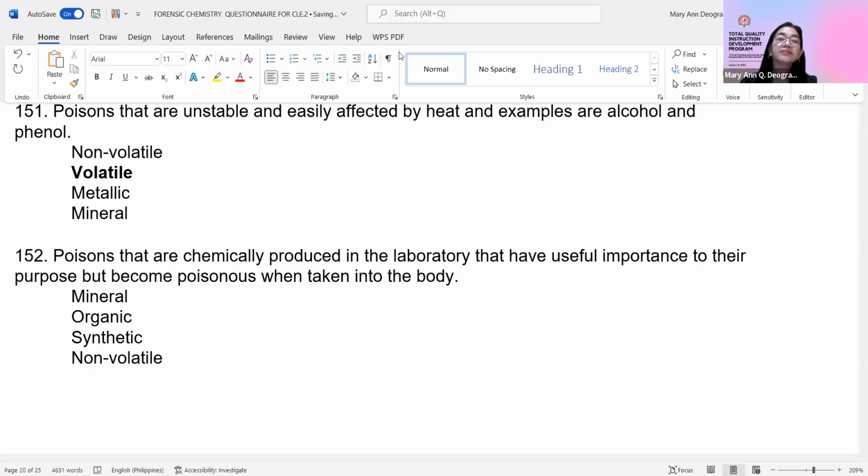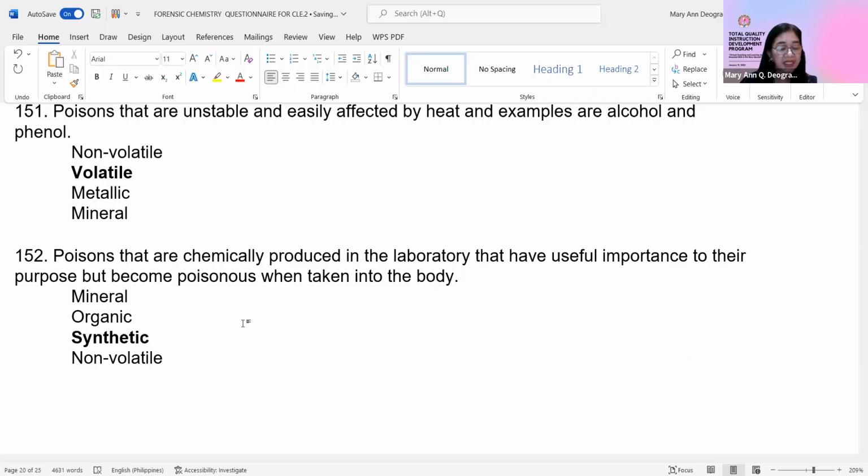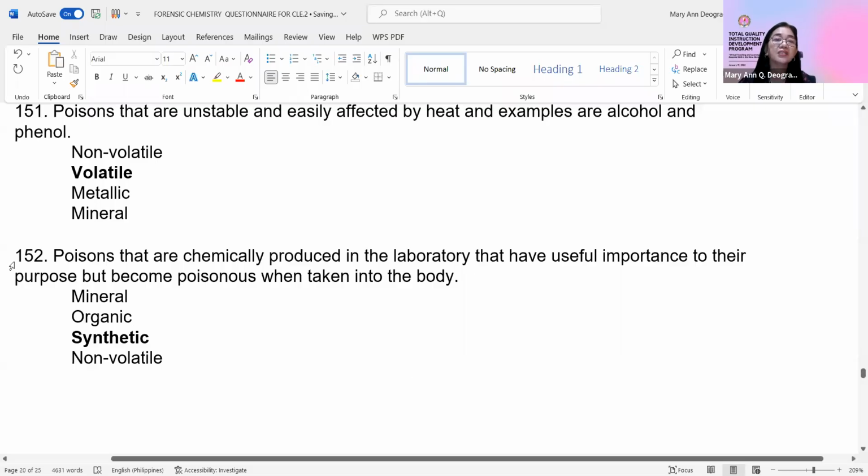Which is the answer? Okay, synthetic, yes. So it's the synthetic poison. Mga na-produce sa laboratory. Ano mga example niyan? Mga household cleaners, mga Zonrox, mga insect spray, ganyan. Sleeping pills. So these are examples of synthetic poisons.